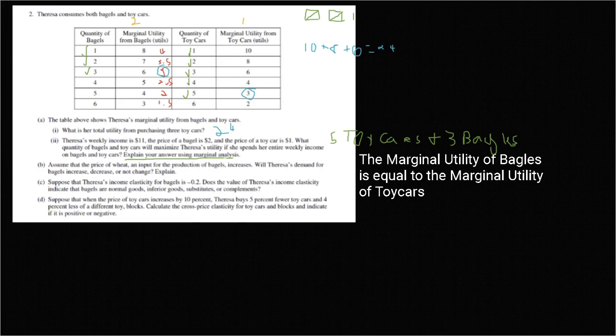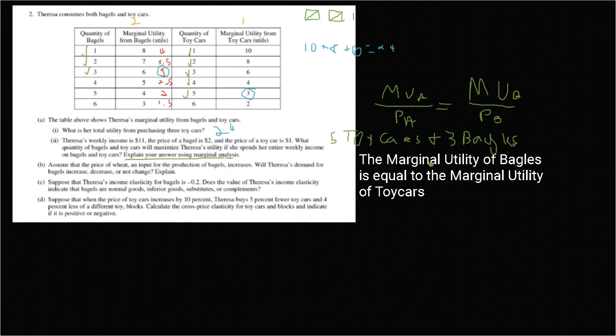And if you wanted to do some algebra to solve for some value, you would have the marginal utility of A over the price of A, and assume they are maximizing their utility here, then equal to marginal utility of B over the price of B. So this is if they are maximizing their utility.